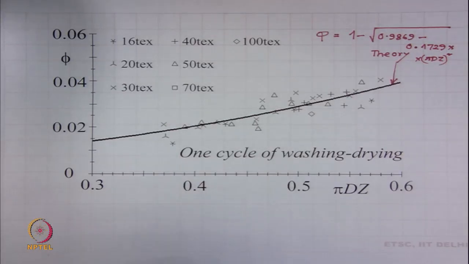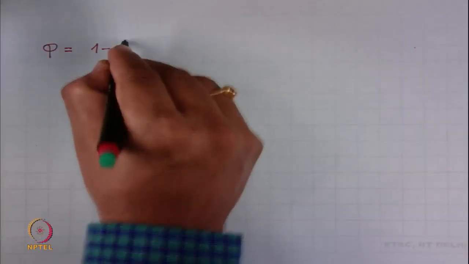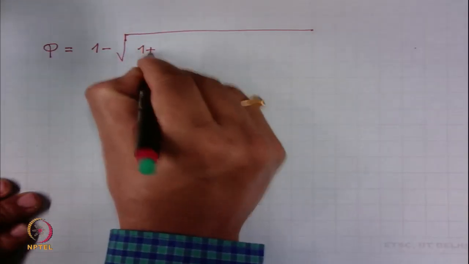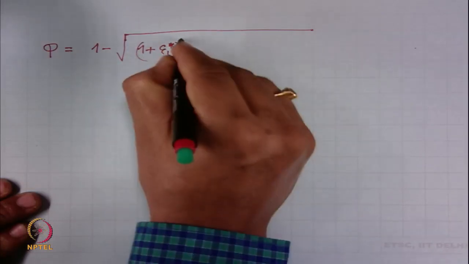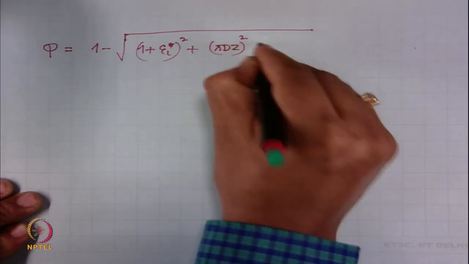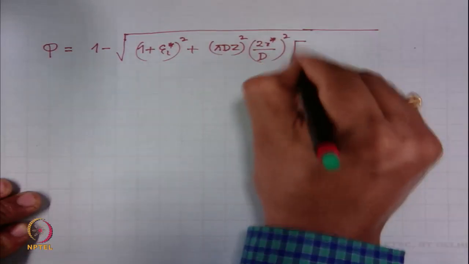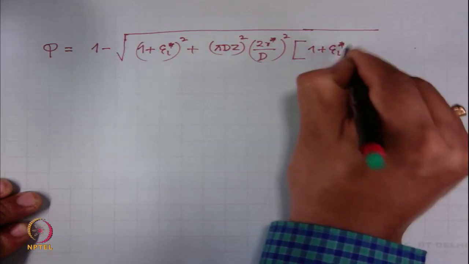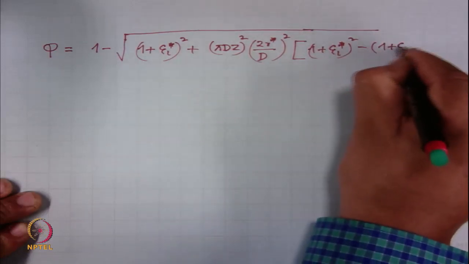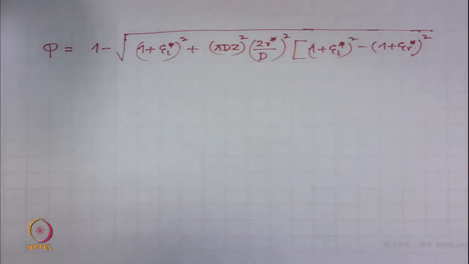Now, let me tell you one thing here. As we have seen, this expression 1 plus this minus pi dz square into 2 r star by d square, 1 plus epsilon L star minus this, right.